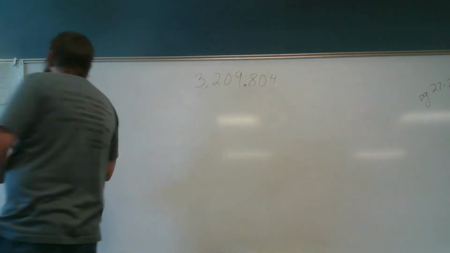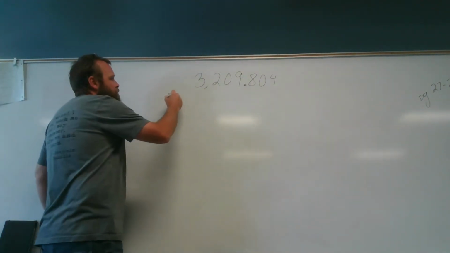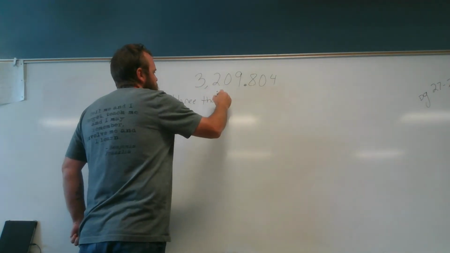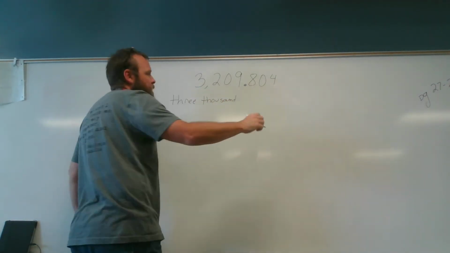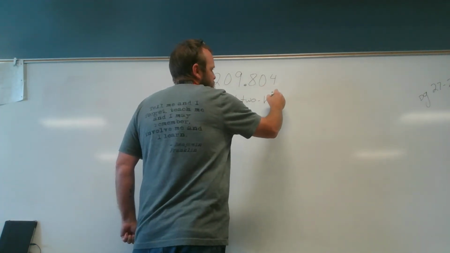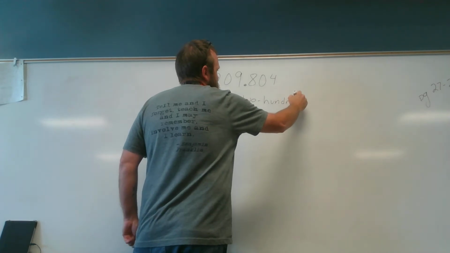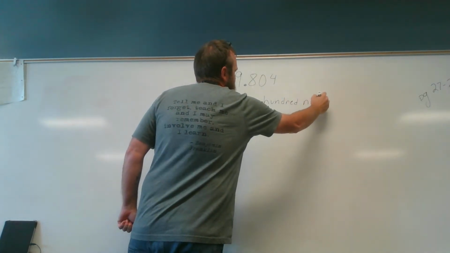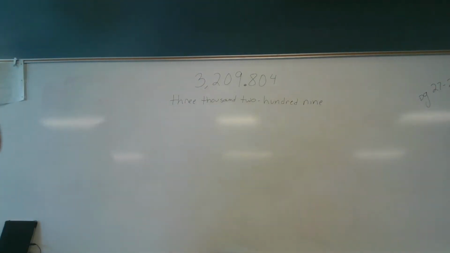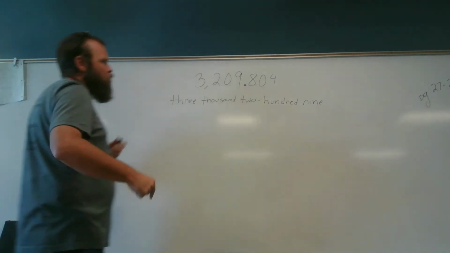So when we're writing numbers that have decimals, just look in front of the decimal point first. Ignore the decimal point. 3,209.